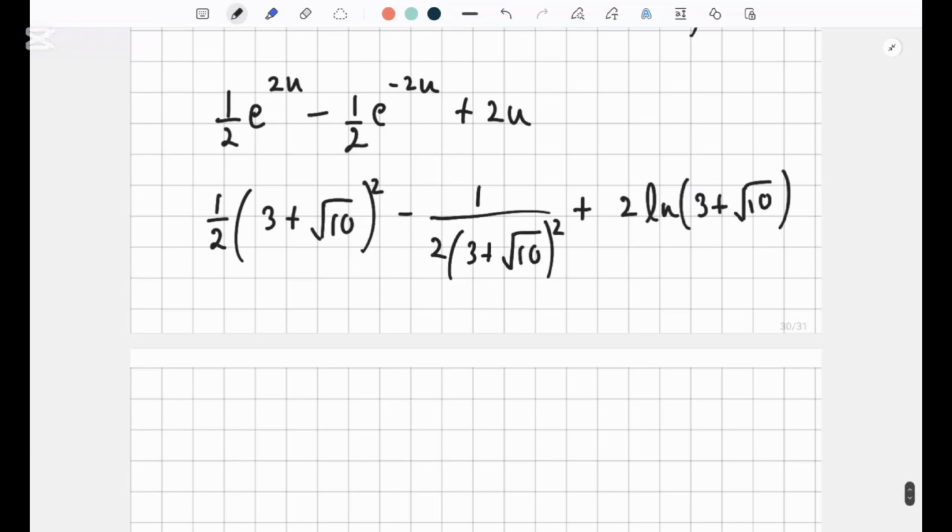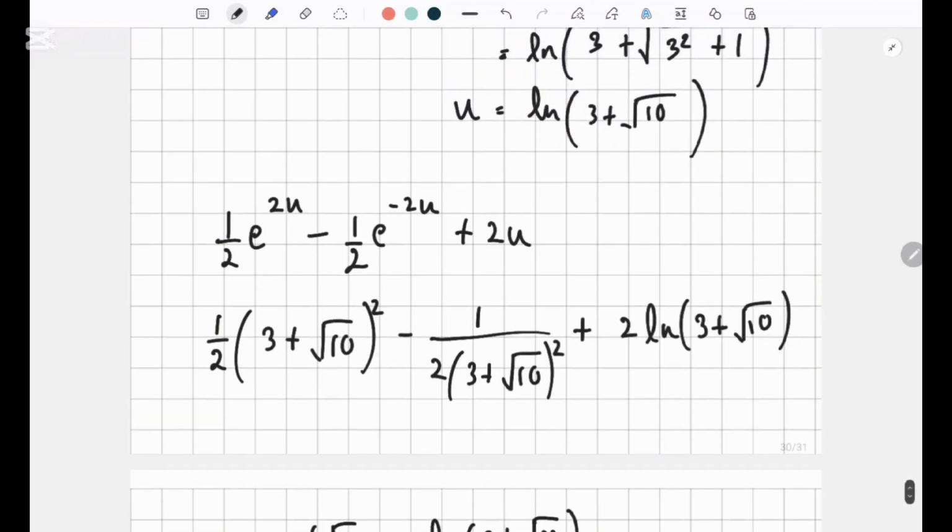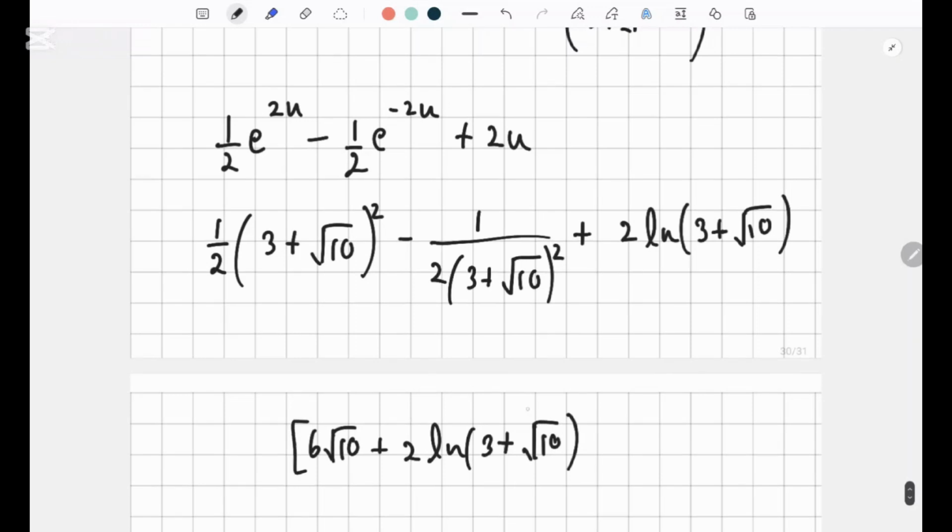Then just put that again in the calculator and see what I get. Yep, so it's 6 root 10 plus 2 ln 3 plus root 10. That's after the first interval. This is for the first interval of 12.